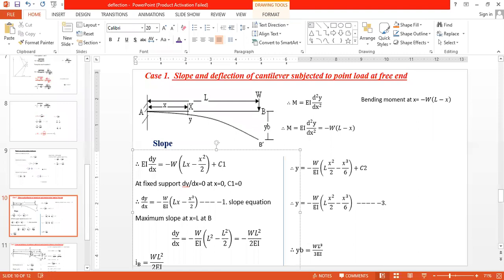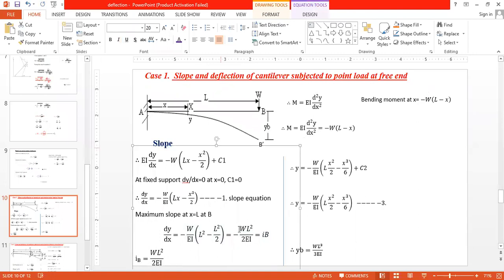Our general notation for the slope is theta B. Theta is a notation for the slope, and its unit is radians. If you are calculating that at B, it is the slope at B, where B is a subscript.